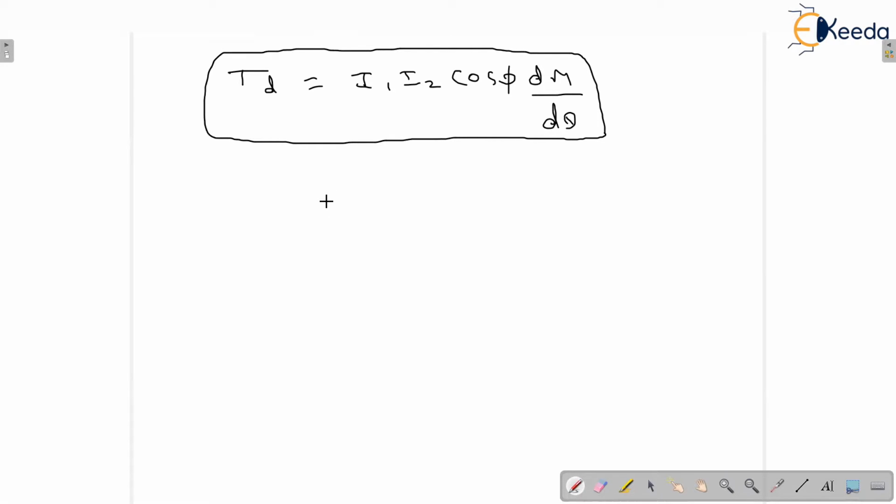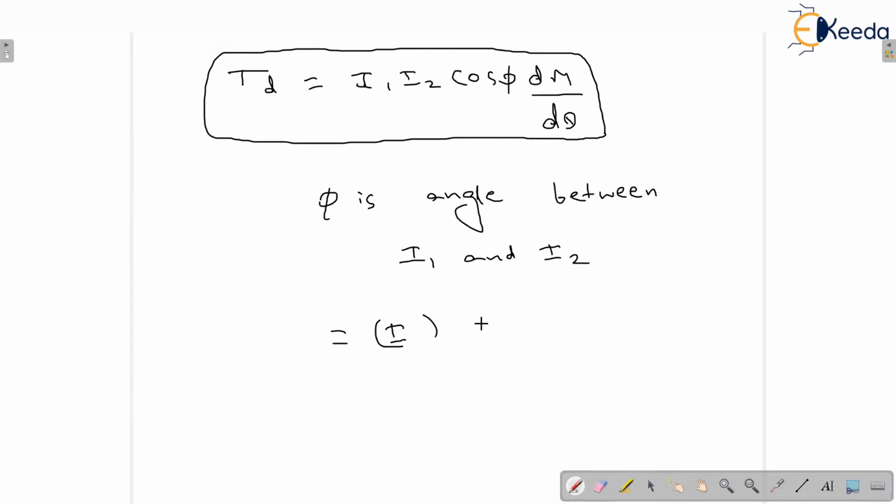What is phi? Phi is the angle between I1 and I2. I1 is equal to I, I2 is V by RSC, cos phi, dM by d theta.